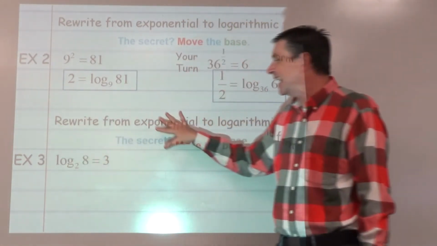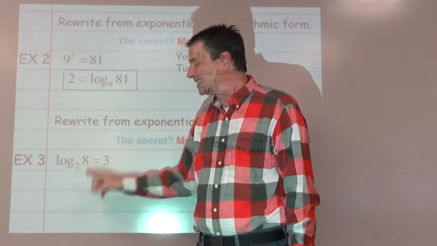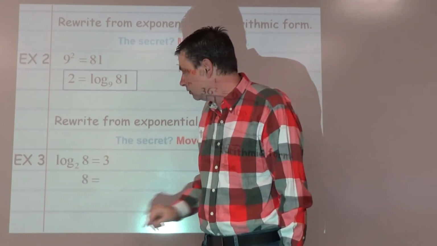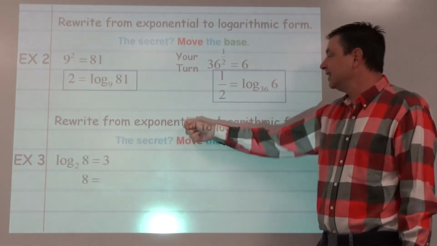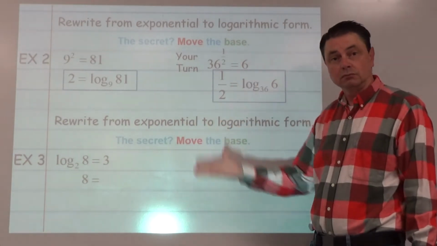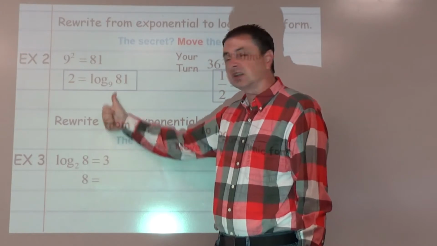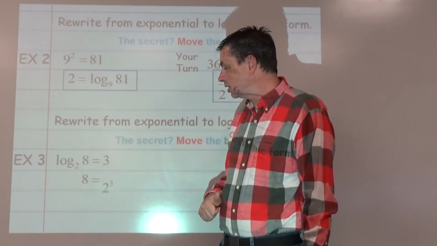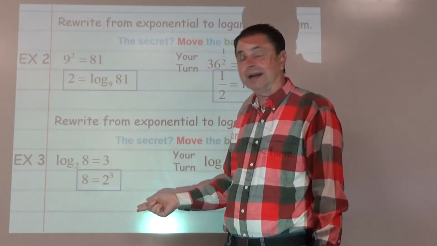We're rewriting it out of logarithmic form, so we can drop the log. That means 8 will be by itself, and now the 2 becomes the base of the exponential equation. So 2 is now the base, and that bumps the 3 up to become the exponent: 8 equals 2 to the third power.